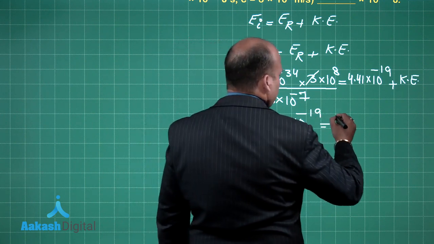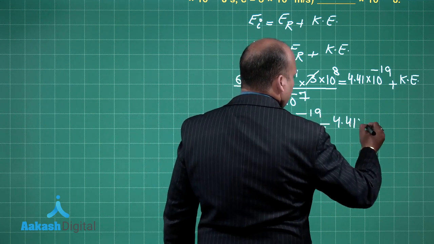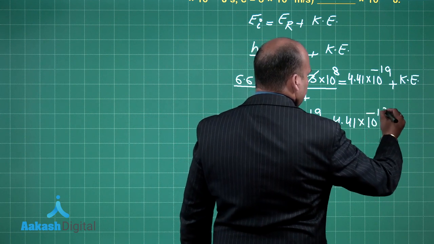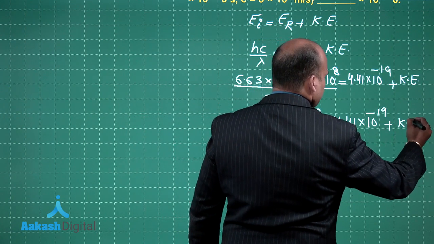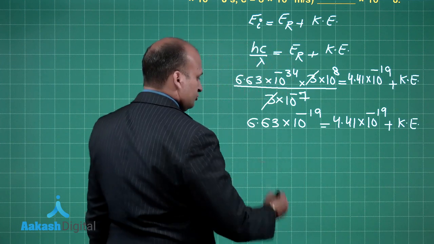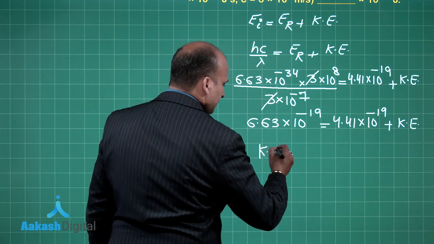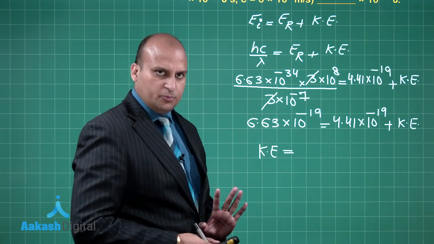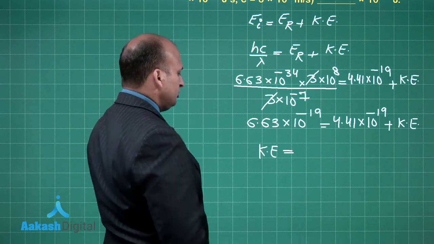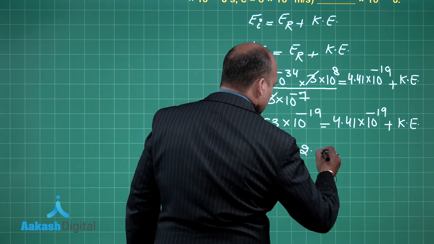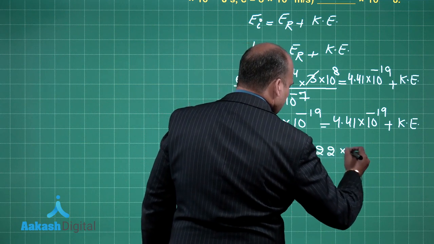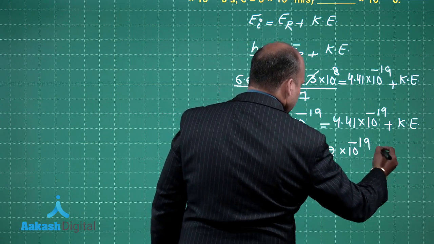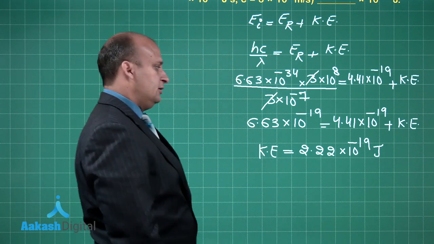This is equal to 4.41 into 10 raised to power minus 19 plus kinetic energy. So, from here the kinetic energy will be simply 6.63 minus 4.41. So, you are going to get 2.22 into 10 raised to power minus 19 joules, right.